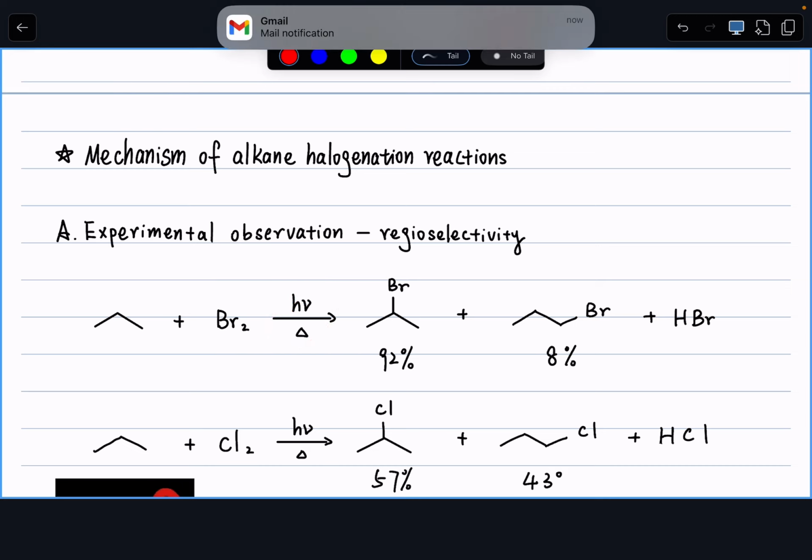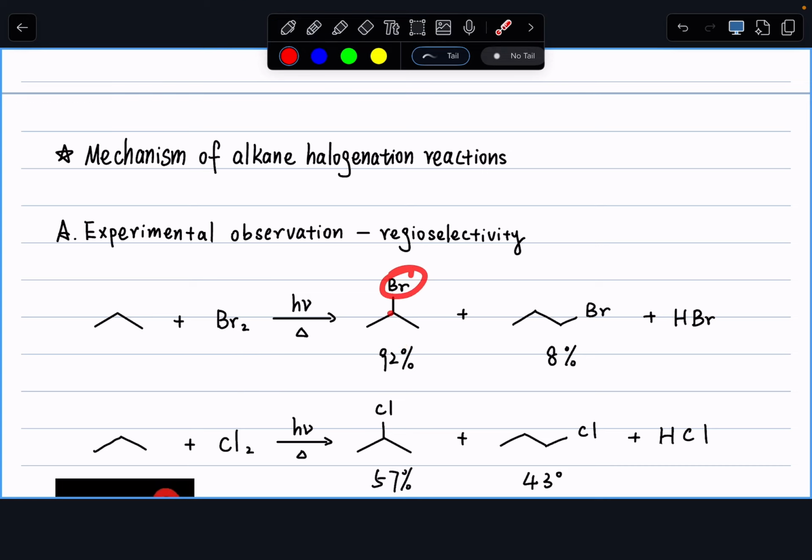We can generally form different kinds of products. You can either have a bromine added onto the center carbon of your propane or the terminal carbon of your propane, with HBr as a side product.